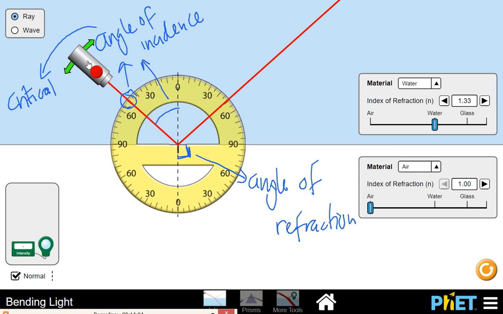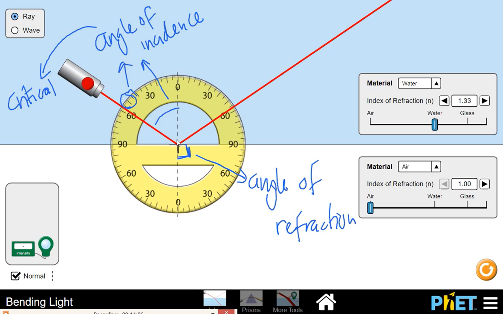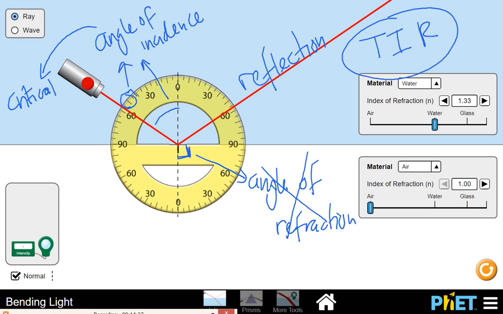If I keep increasing it, you see there's no more refraction. We just get reflection. And this here is what we call total internal reflection.